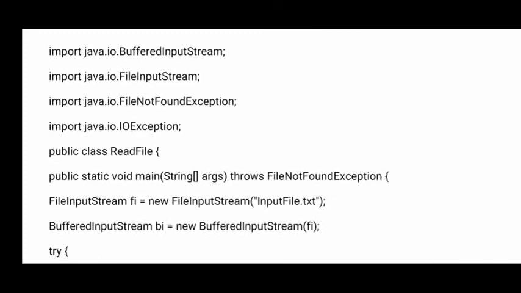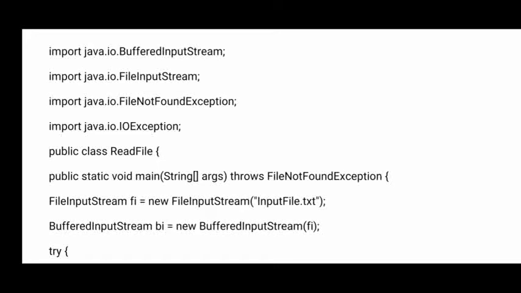All these packages and classes I am including here. Under java.io, the buffered stream is available, FileInputStream is also available in IO, FileNotFoundException is also available in IO, and IOException is also available in IO. These are the different classes we can use based on our requirement. Now I am going to explain the program based on BufferedInputStream.